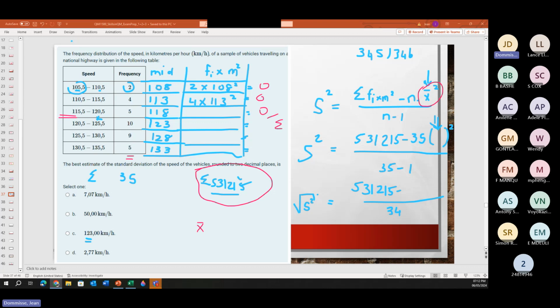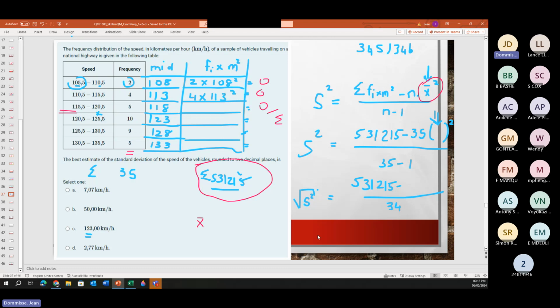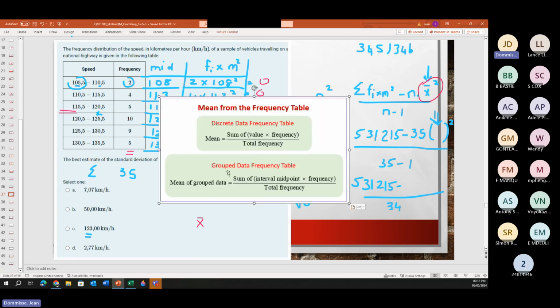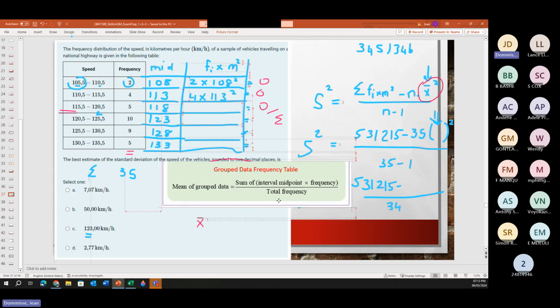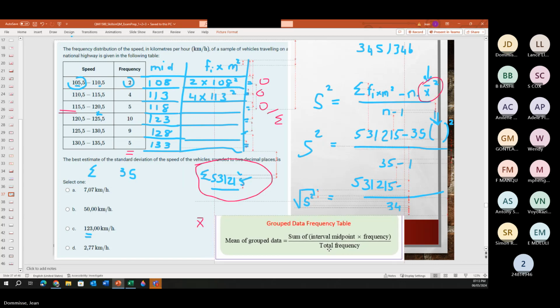Let's quickly add this. Again, this is a bit unfair to you guys if you needed to work with grouped data in a frequency table. Okay, so I now Googled this. It's not in the table at all, or in the study guide at all. So this is a bit unfair, and that's why it feels like this will not be in the exam.